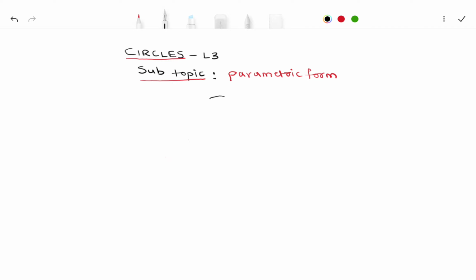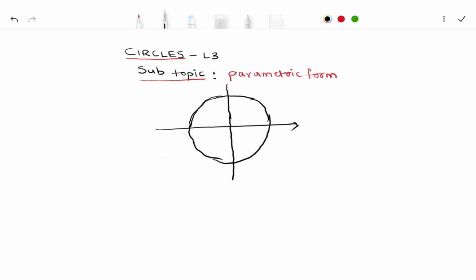Say, if you take a circle whose center is either the origin or any other point. Suppose you take a circle whose center is the origin. What is the equation of the circle whose center is the origin and radius is r units?